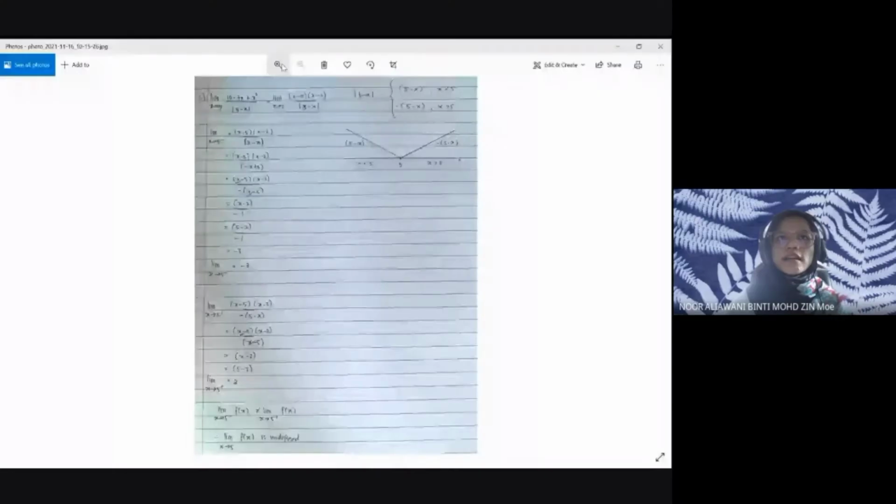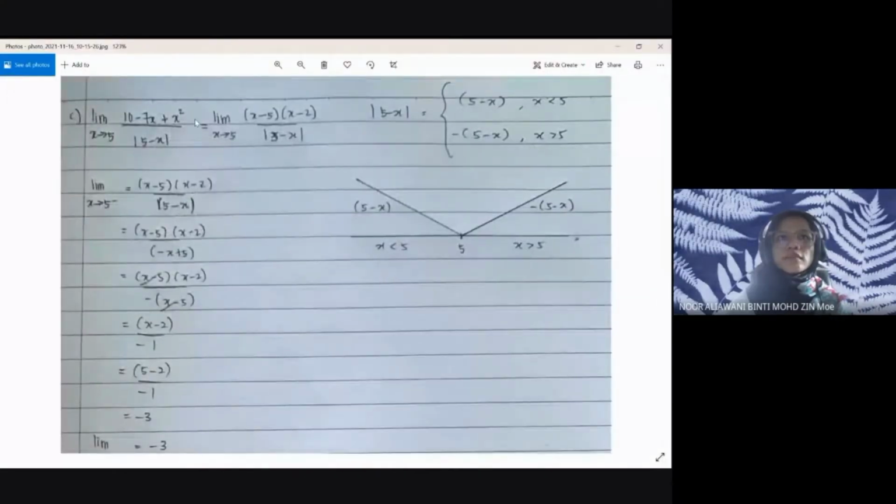At first, from this equation, I will factorize this part, 7 minus 7x plus x squared, into 2 x minus 5 and x minus 2. And when we see this modulus 5 minus x, different from questions A and B, the modulus will look like this. So at first I will draw the graph, and then we will see there are both sides.